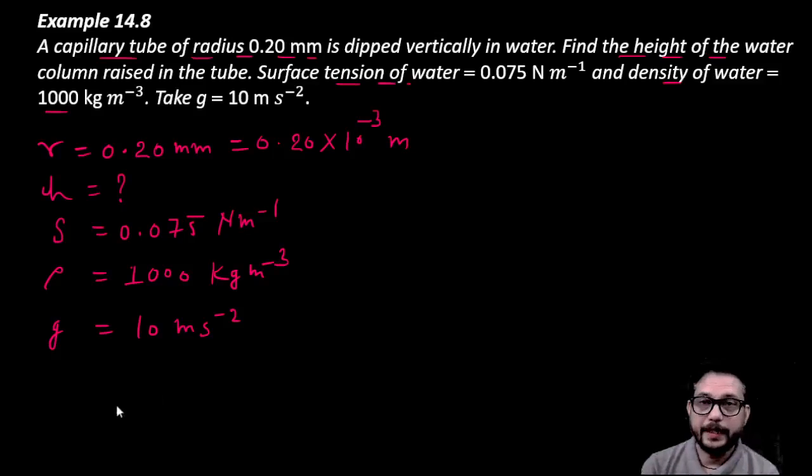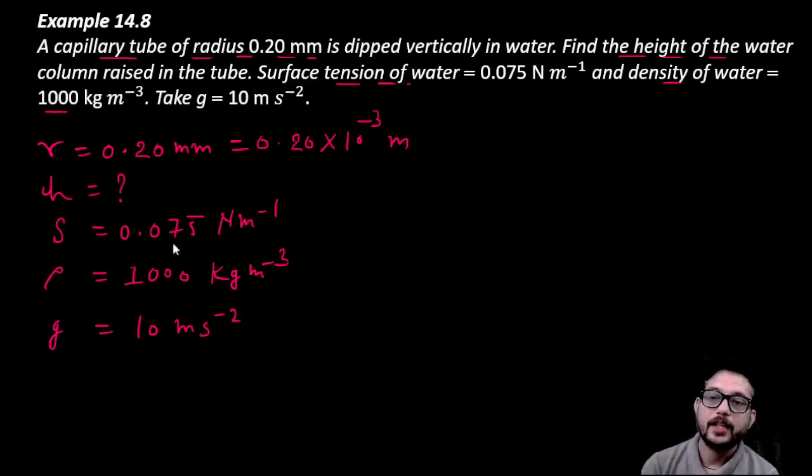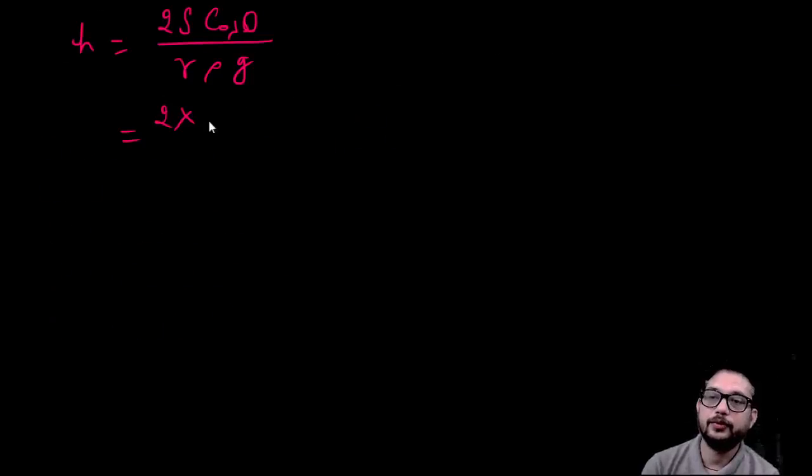So firstly we have to write the formula, and you know that the formula is h equal to 2S cos theta upon r rho g. Okay, so put all the values: 2 into S, and S is 0.075, into cos theta, and theta for water is 0 degree.